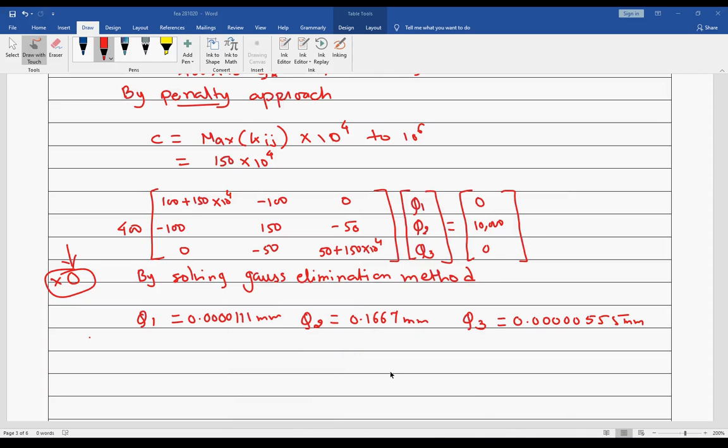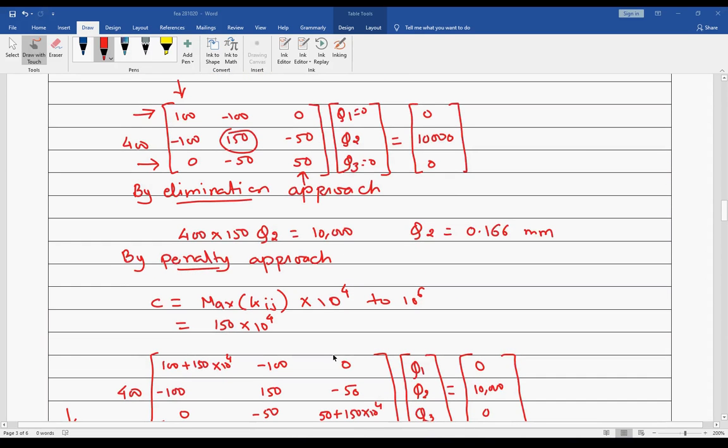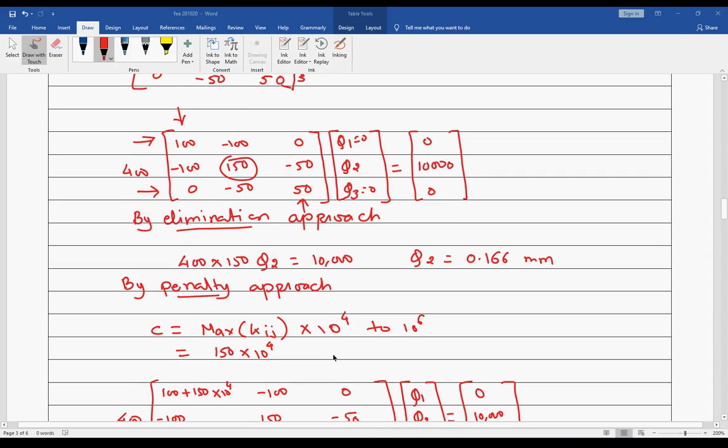So now we are going to go with finding the reactions. Okay, so now for this I have to use the first row to find the reactions for the elimination approach. So from the first row it is 100 into q1, that is 0.